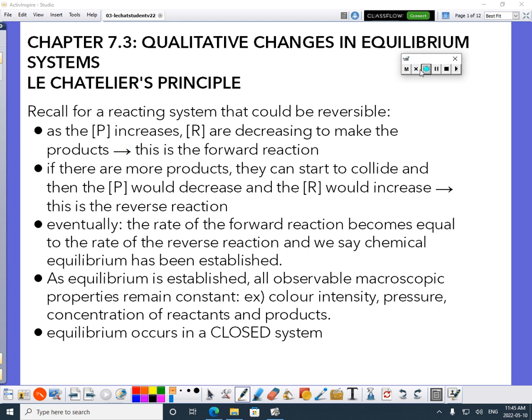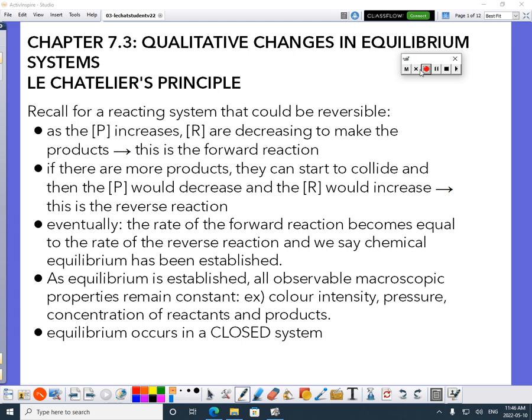Okay? So when you have a reacting system and the product concentration is increasing, then the reactants are being used to make the products, and so they are decreasing, which is the forward reaction. Once you have more products, they can start to collide, and then the product concentration would start to go down and the reactants would increase.